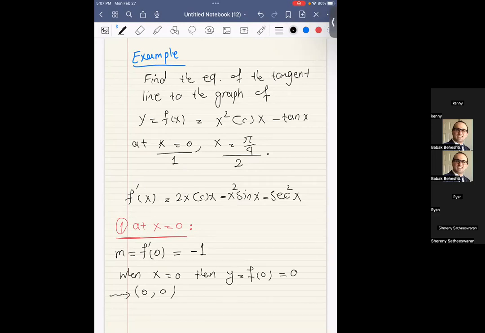And the slope is minus 1. So the equation of the line we are looking for is y equal to minus x. Right? Is everything clear? If it's not, just ask me.